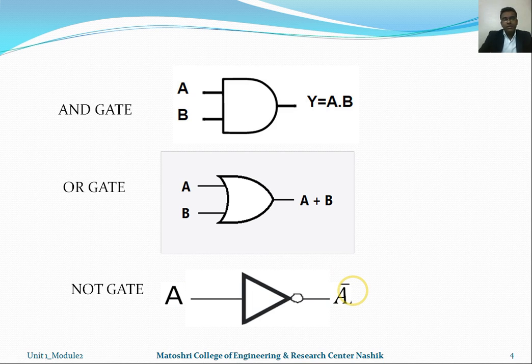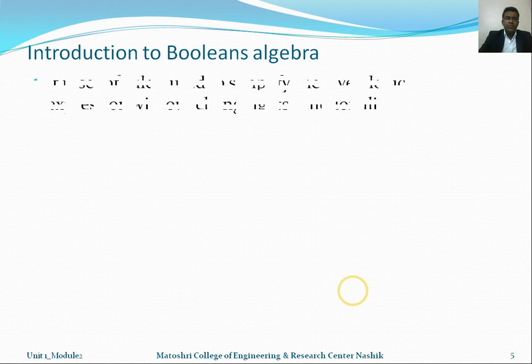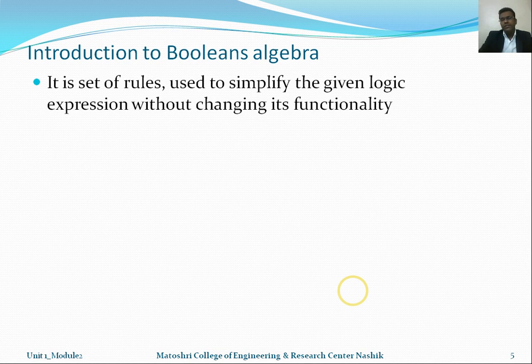These 3 basic logic gates are very important in order to understand this second module. Boolean algebra is a set of rules which is used to simplify the given logic expressions without changing their functionality. That is very important: without changing its functionality. It means there are a number of rules, and on the basis of those rules we simplify the given logic expressions.